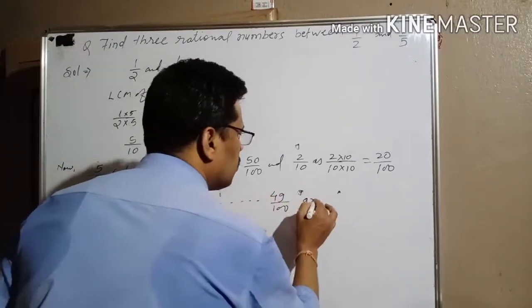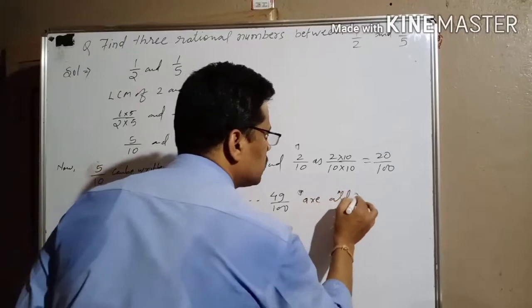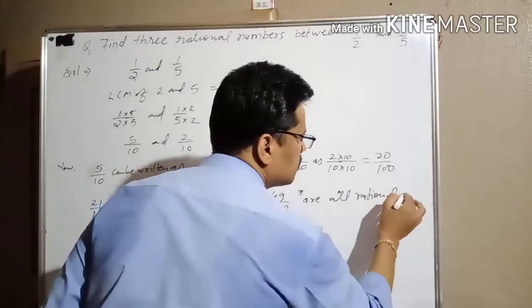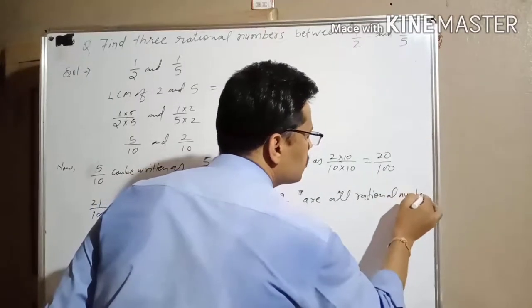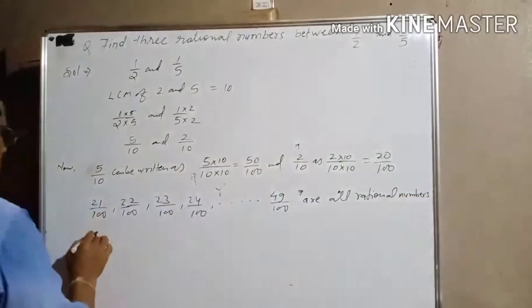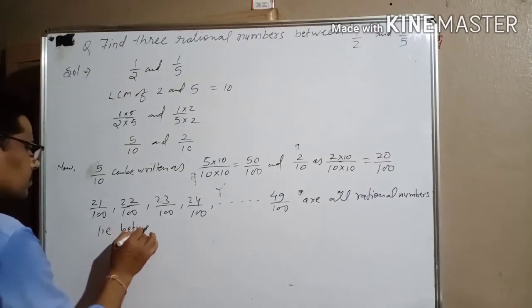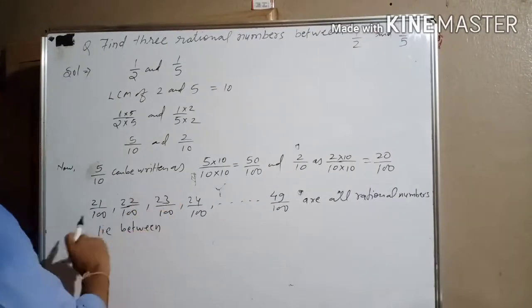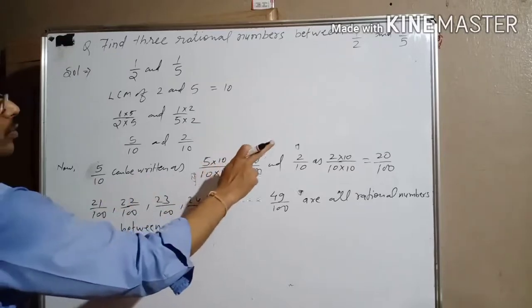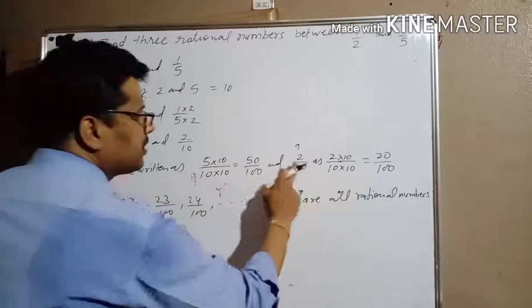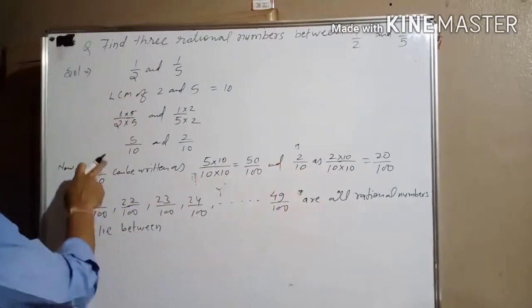All are rational numbers lying between 20/100 and 50/100, also written as 2/10 and 5/10.